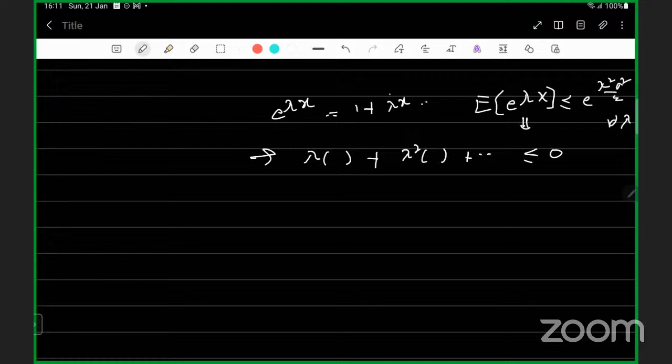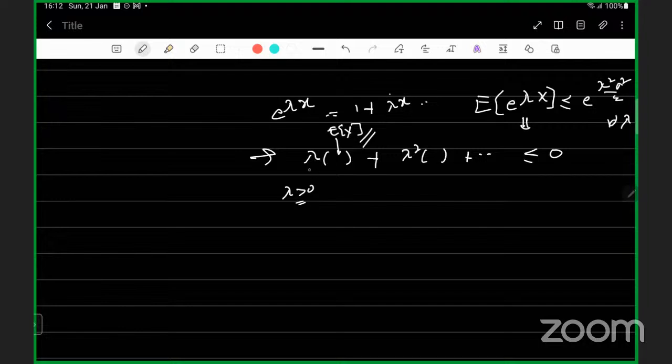Then you divide by lambda on both sides, if lambda is a positive number, and take lambda tends to 0, then you get expected h less than or equal to 0.